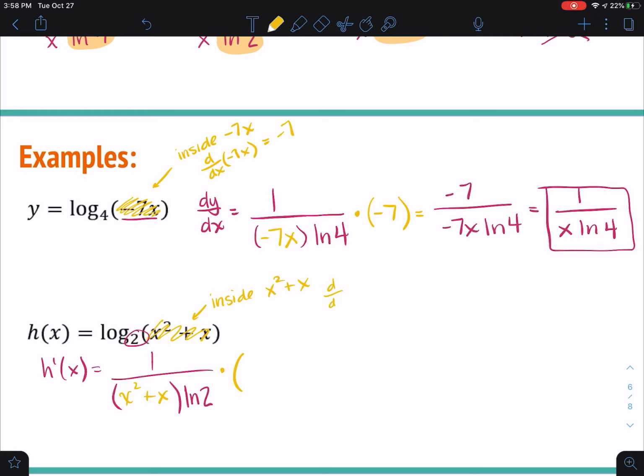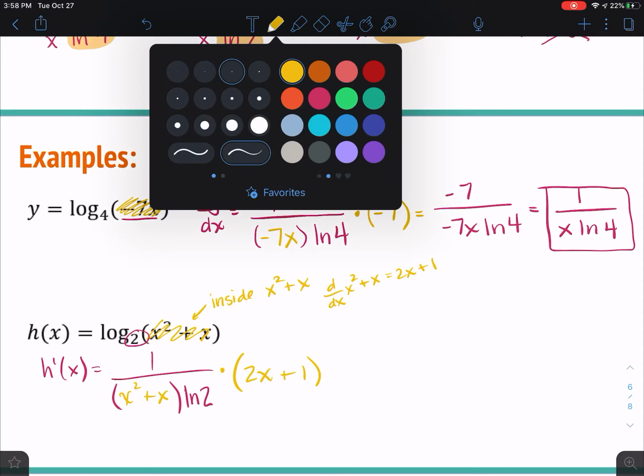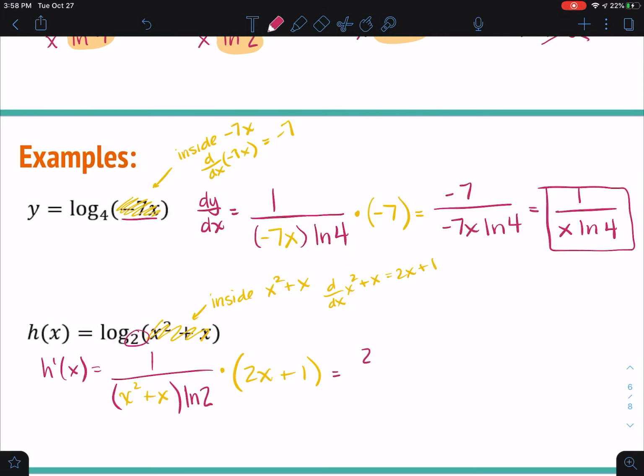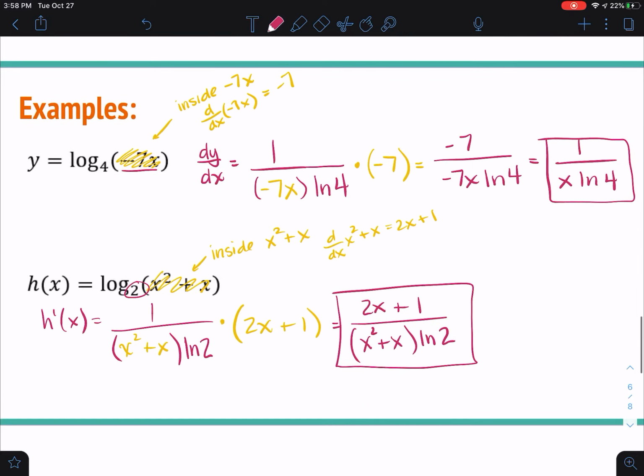So the derivative of x squared plus x is going to be 2x plus 1. Okay. And then we can simplify 2x plus 1 over x squared plus x ln of 2. Remember, that's not correct the way I wrote it. These parentheses are super important because that whole thing is being multiplied by the natural log of 2, not just the x. So that is your derivative.